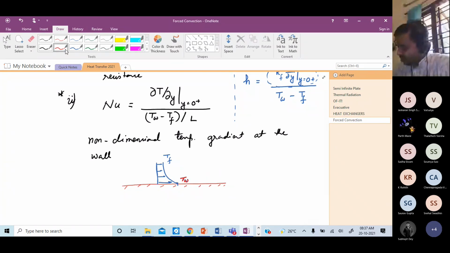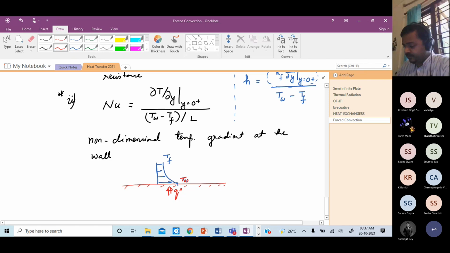So the amount of heat or heat flux I'm getting is going to be Kf del T del y at y equal to 0 in the fluid direction.